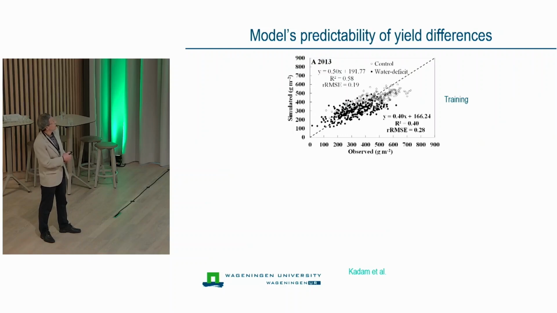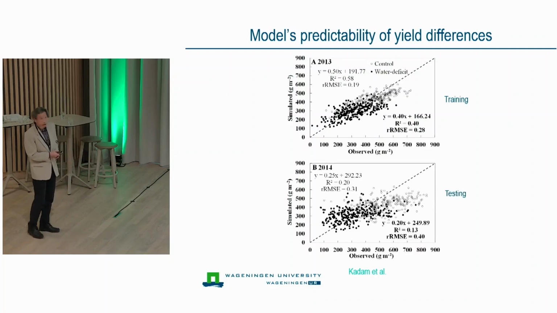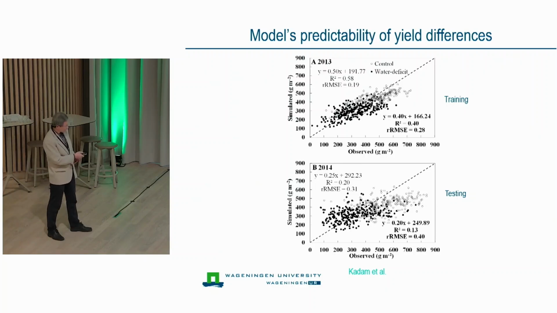We used the data of 2013 for training, for determining parameters of the model. The model explained almost 60% of the phenotypic variation for the control treatment and around 40% for the water deficit treatment. But when these parameters were used to predict in an independent, following year, the R square became much lower.